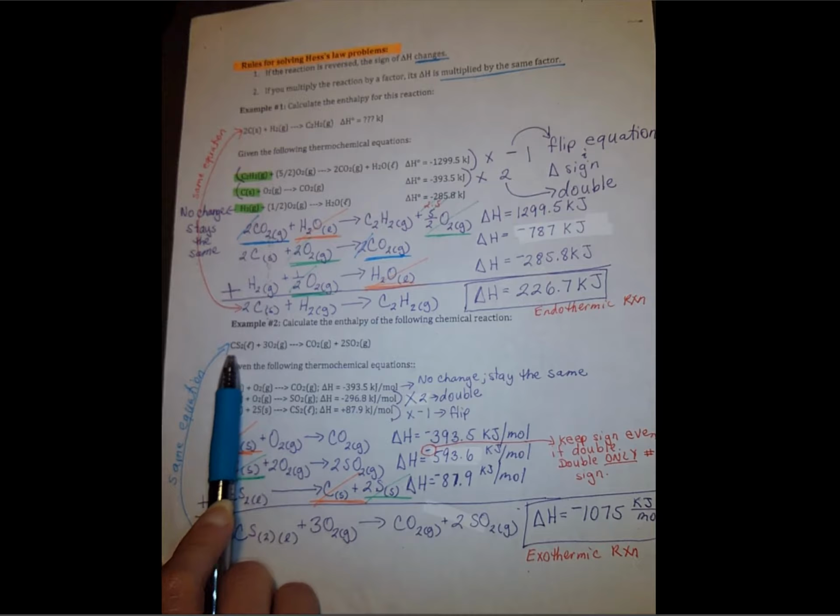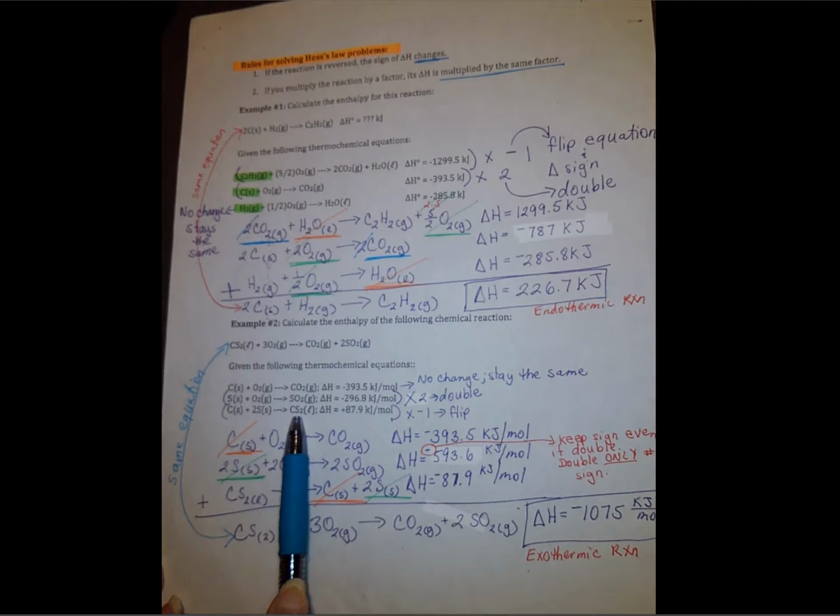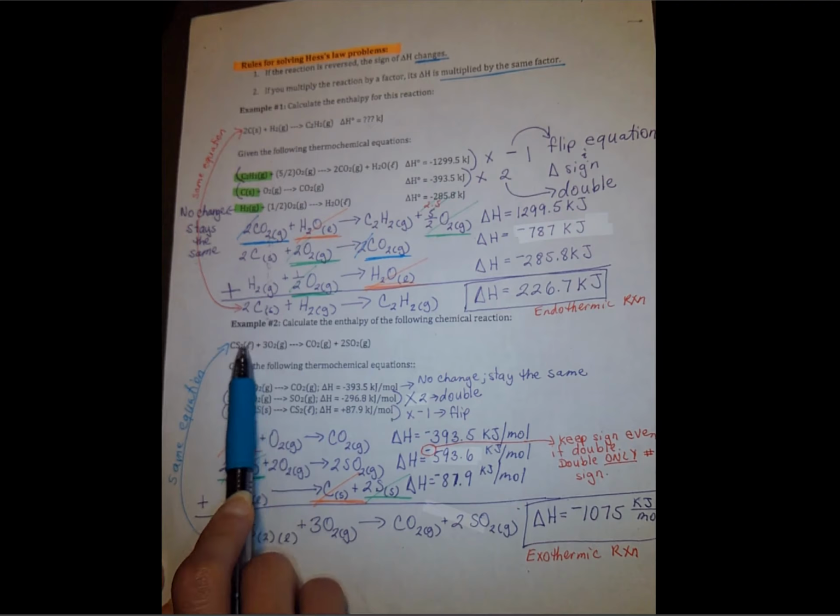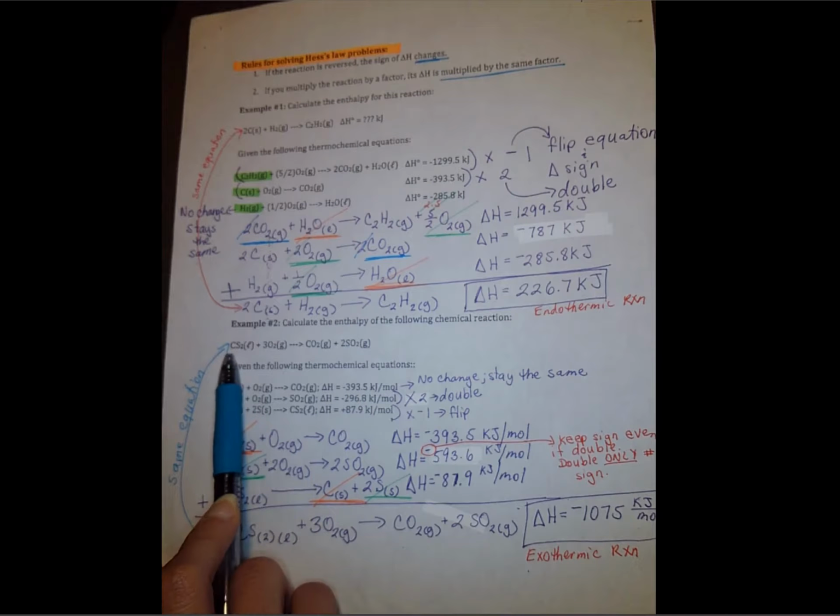If you look at the original equation, 1 mole of carbon disulfide is present in the reactant side.